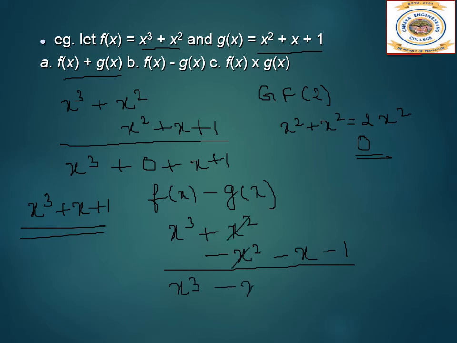This will become minus x minus 1. But again we have to remember that this is mod 2, so I cannot write negative there. Minus 1 plus 2 will become plus x, minus 1 plus 2 will become plus 1. So here you can see the addition and this subtraction result.